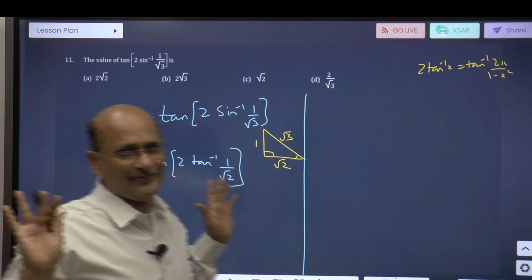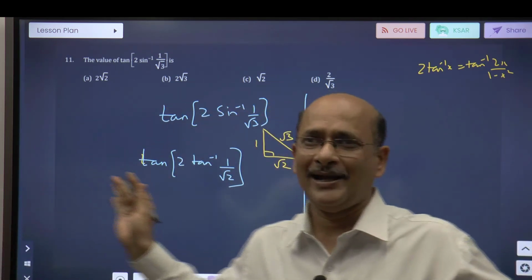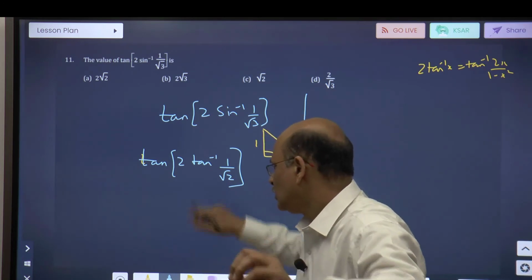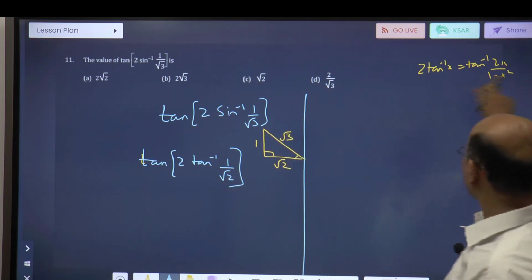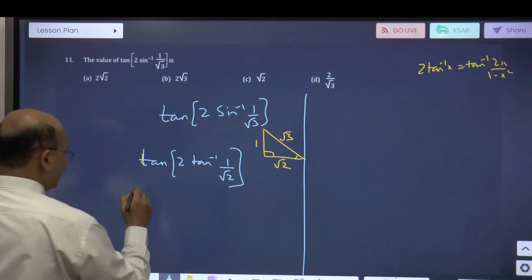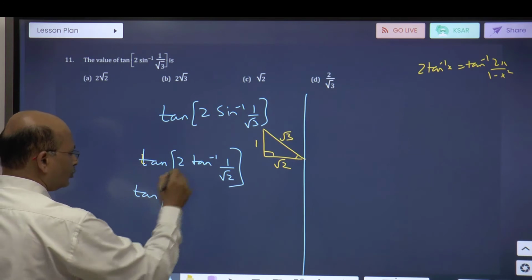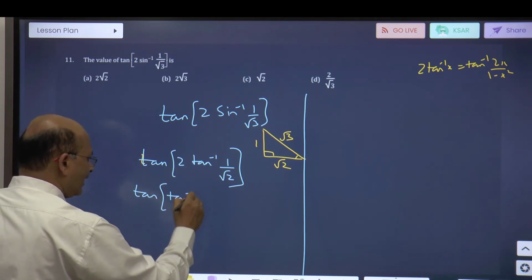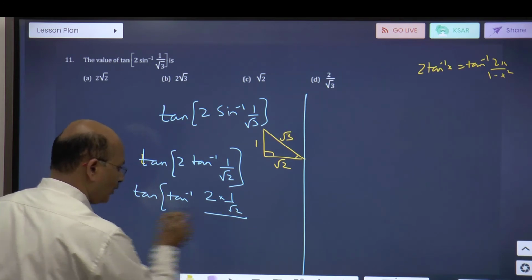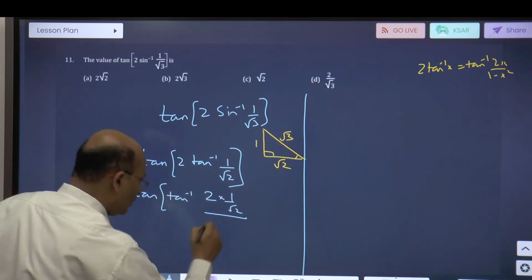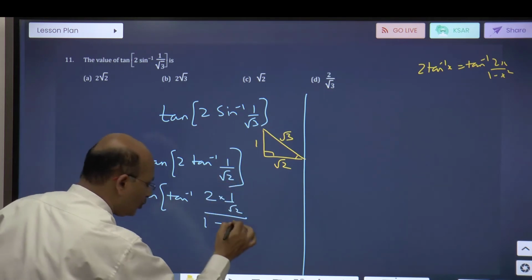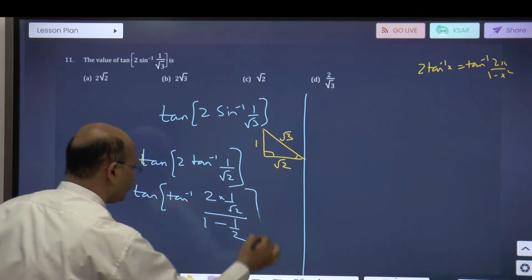Ha, I enjoyed this, I really enjoyed this. So now children, look, 2 tan inverse x I can convert using this formula. So what will happen now? This I can say tan of 2 tan inverse x is tan inverse 2x upon 1 minus x square. What is my x here? 1 upon √2. So 1 upon 2.